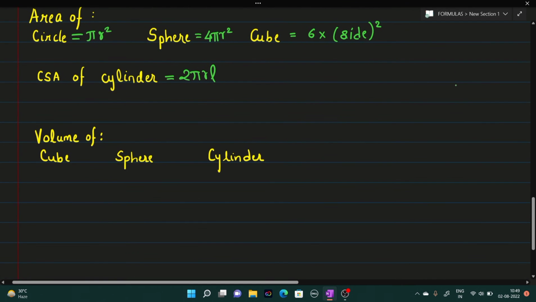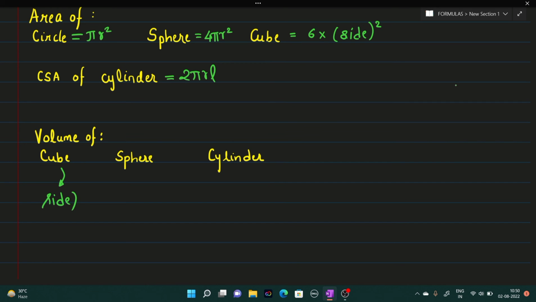After that comes volume. The volume of a cube is side cube. The volume of a sphere is 4 by 3 pi r cube. And the volume of a cylinder is very important, it is asked many times.